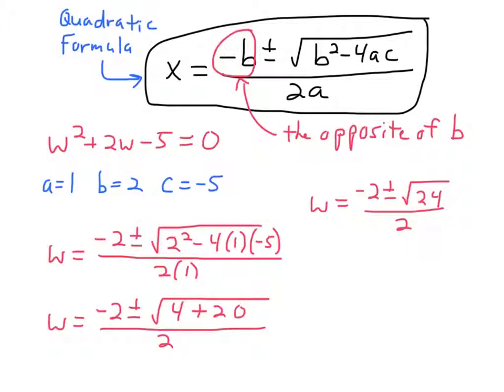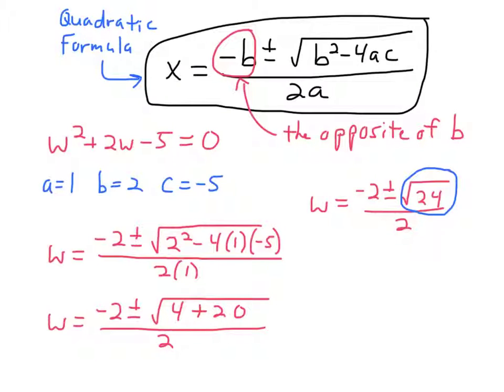And usually we want to try to simplify even further. If the number under that square root is divisible by a perfect square, and this one is because 4 goes in evenly into 24, so we could break that down into the square root of 4 times the square root of 6.